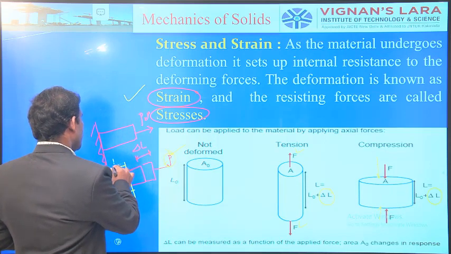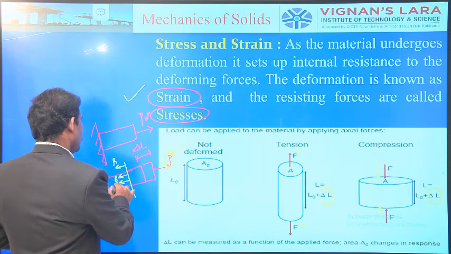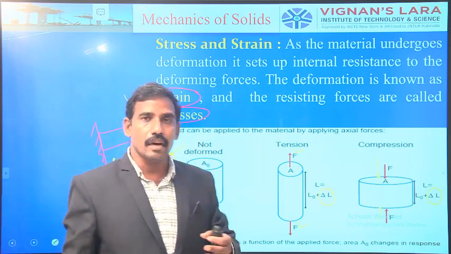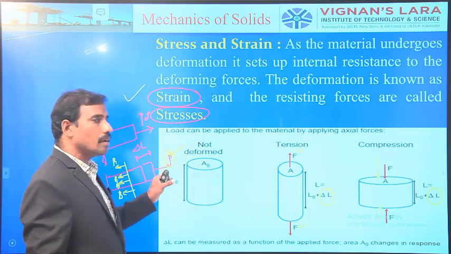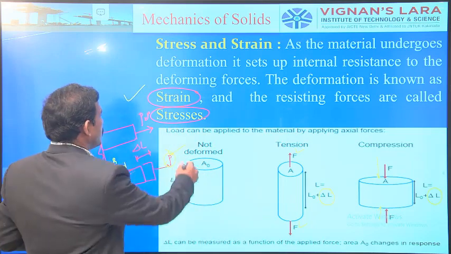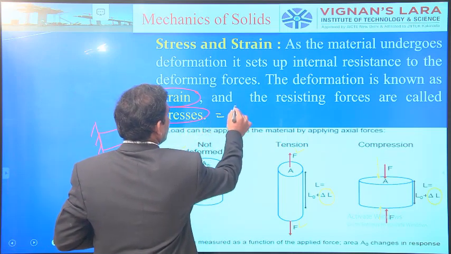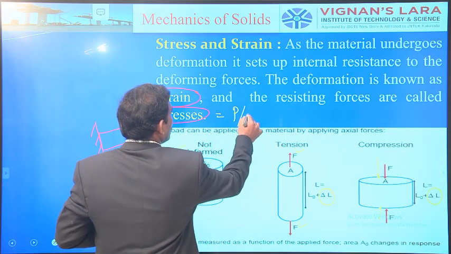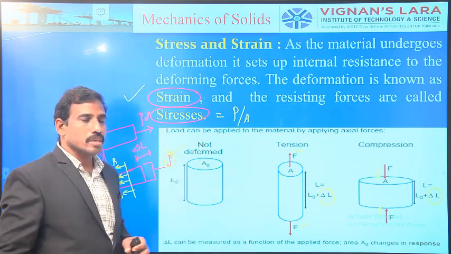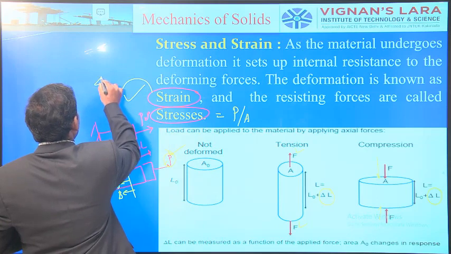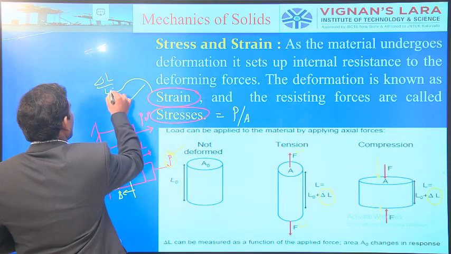These forces, say P1, P2, P3, P4, are the resistance offered by the body to the deforming force. That is called stress. Mathematically, the applied load is P and the cross-sectional area is A, and strain is delta L by L naught.